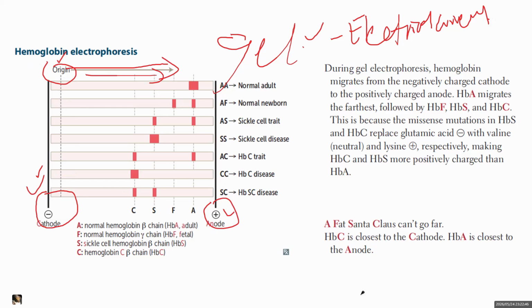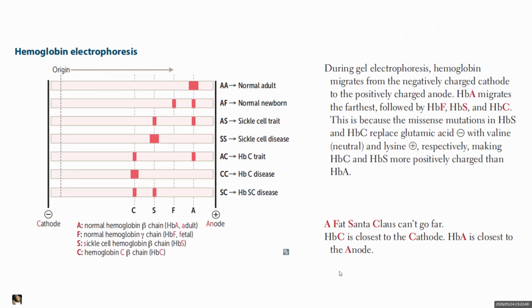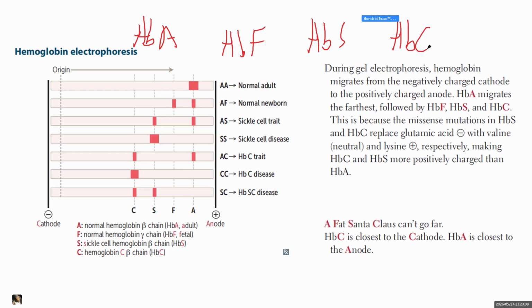Now we have to remember the order of migration, which is absolutely high yield. The very first thing to remember is the sequence. We have hemoglobin A, hemoglobin F, hemoglobin S, and hemoglobin C. You can just look at these four first, and the order of migration is just like this one.